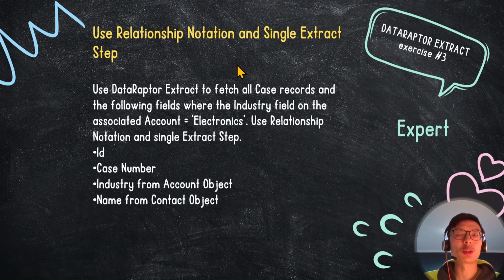And you should be able to see a difference in the queries, and single extract step is the preference as it's more efficient and the performance is better. I've gone into much more detail in my data extract video, so feel free to check it out if you want to understand more about single extract step and multiple extraction steps.